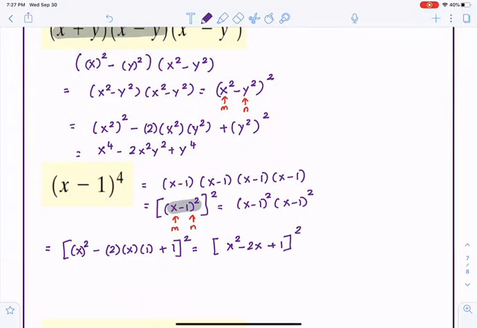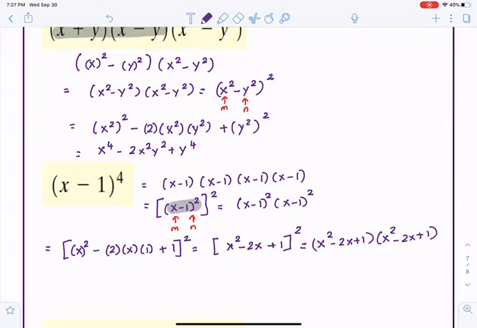And now you would say, okay, how would we go about writing this out? Well, it's going to be harder if you wrote it as x squared minus 2x plus 1 multiplied by x squared minus 2x plus 1. It is the same thing. Now, earlier today, we did a problem or couple of problems where I FOILed it out or distributed the terms and then simplified.